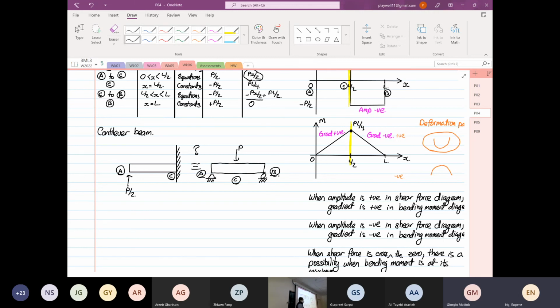Now, a question for you: in the cantilever beam, where will the structure fail? Anyone? Point C, right? If you force your beam down, the region where it moves will not fail. It will fail at the region that is not moving. Usually when you bend hard enough, it will break over here, not where the point is moving.